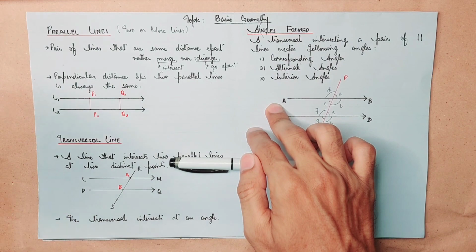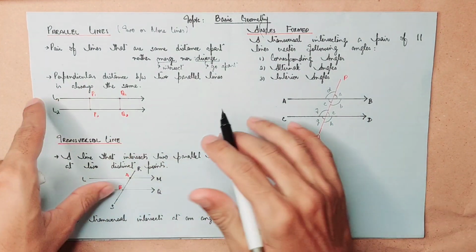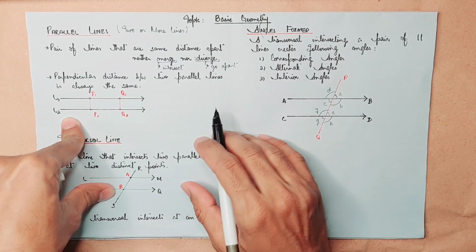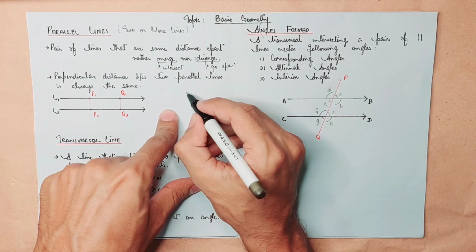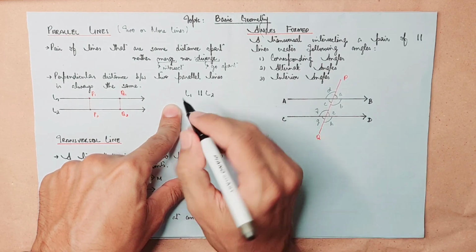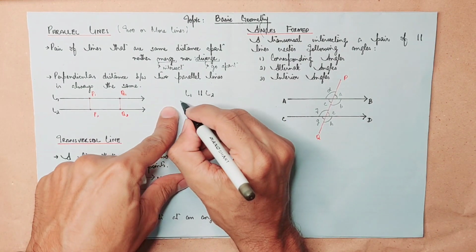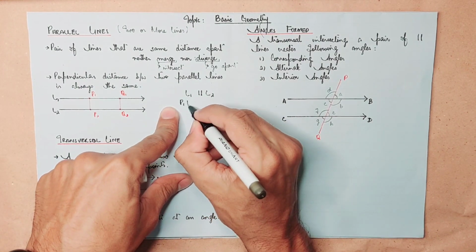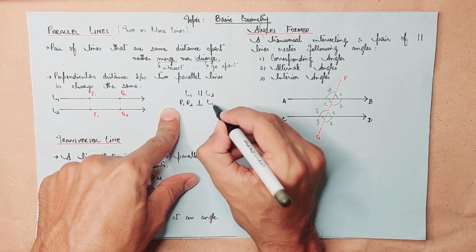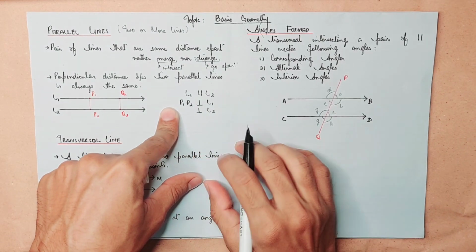If I take two points, say P1 and P2, on lines L1 and L2, and I say line 1 is parallel to line 2, then the line P1P2 is perpendicular to line L1, and also perpendicular to line L2.